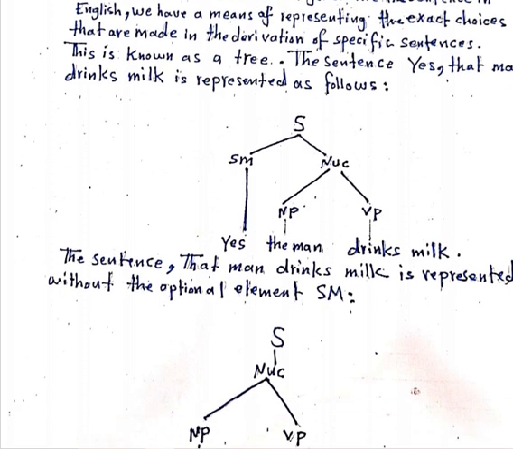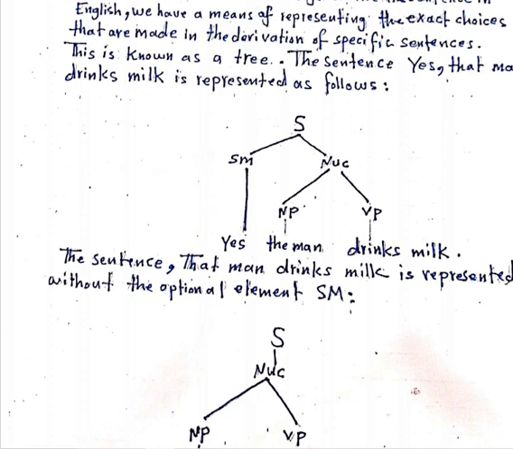The sentence "Yes, that man drinks milk" is represented as follows: sentence, sentence modifier, nucleus, noun phrase, verb phrase. Yes, the man drinks milk.